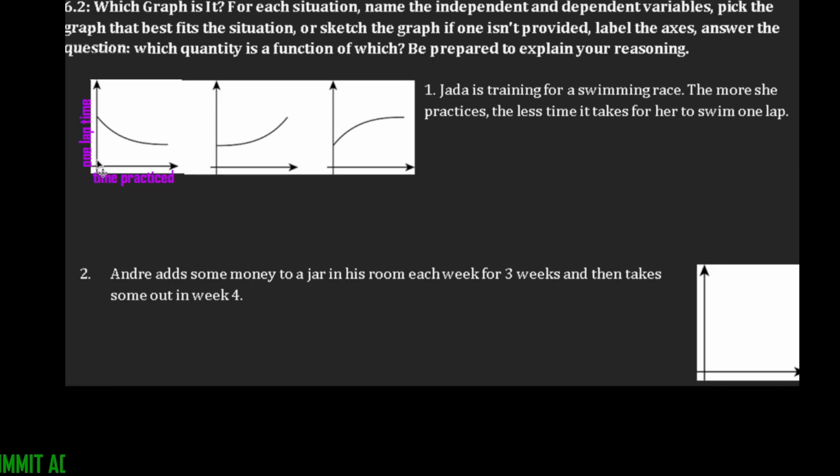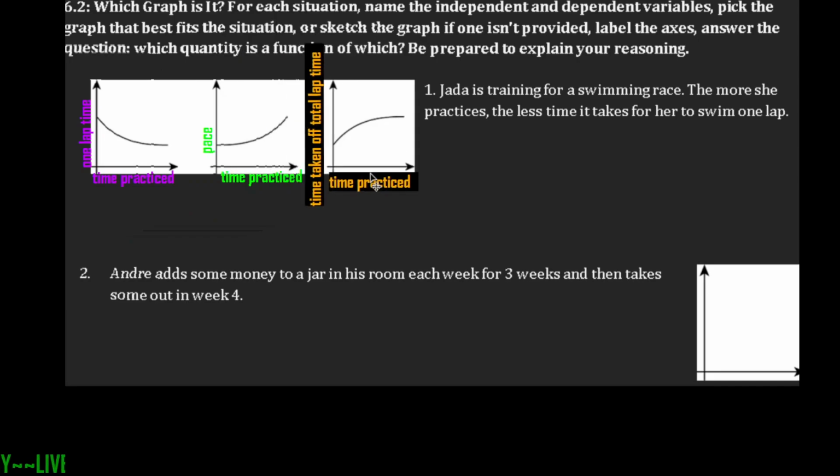So at that initial start, their time is going to be higher, then as they practice on, their time will get lower. In the second graph, we can say the pace is going to be the dependent variable, where the independent variable is going to be the time practiced. So again, x-axis is time practiced, y-axis is your dependent variable.